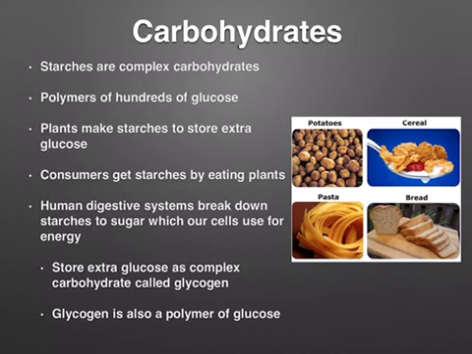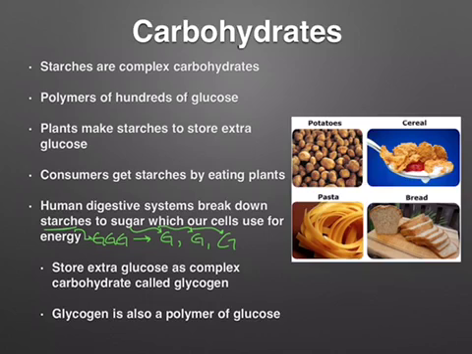The human digestive system breaks down the starches into the sugars. So instead of glucose connected to glucose connected to glucose, we end up getting a glucose molecule separated from another glucose molecule. So the complex chain of starches becomes simple sugars, individualized.